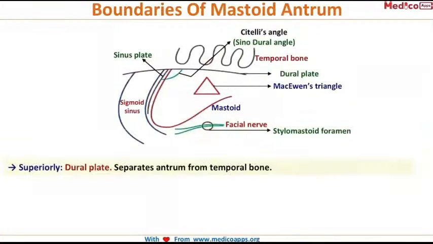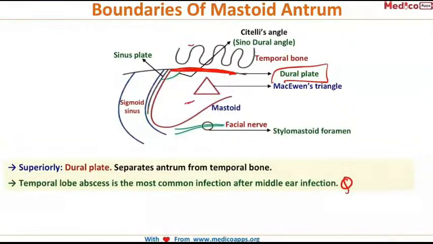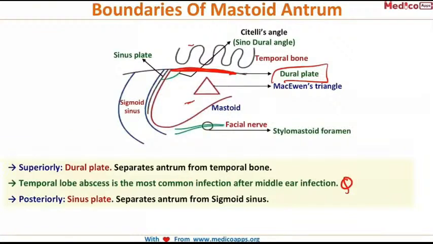As you can see, superiorly it is formed by the dural plate. It separates the antrum from the temporal lobe. An important exam point over here: the temporal lobe abscess is the most common intracranial complication after middle ear infection. So please remember, temporal lobe abscess is one of the most common complications of ear infections. Next, posteriorly, it is formed by the sinus plate.